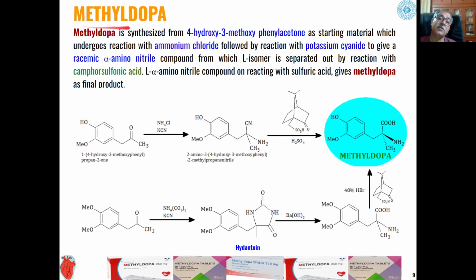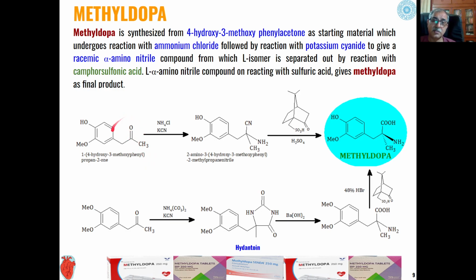Then another commonly used drug is methyldopa. So methyldopa again is synthesized from this 4-hydroxy-3-methoxyphenyl acetone as the starting material.